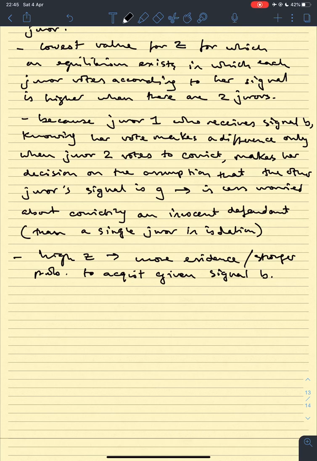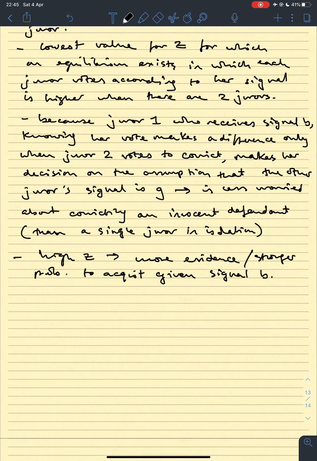Right? So given the signal is B, and given that juror 1 is making their decision on the assumption that juror 2 has already received the guilty signal, juror 1 would need more evidence to assure him that this defendant is in fact guilty.